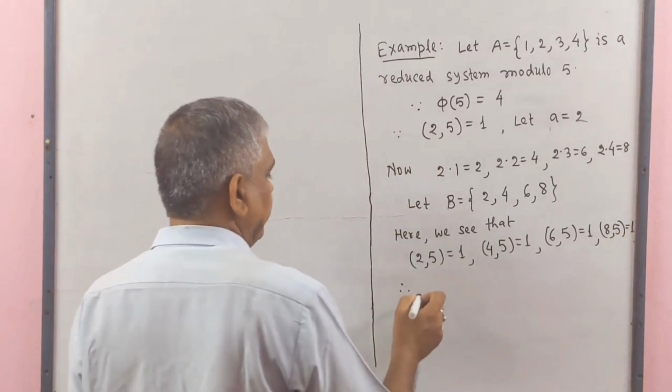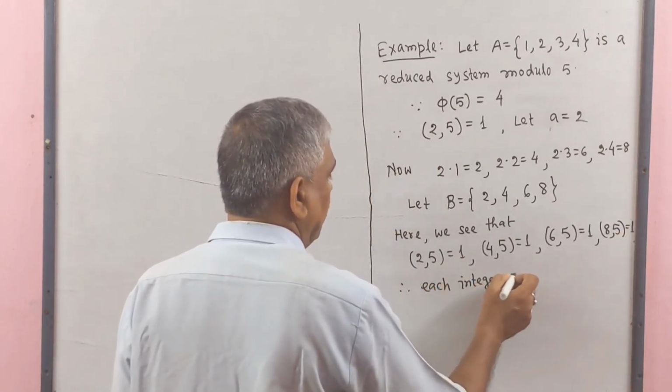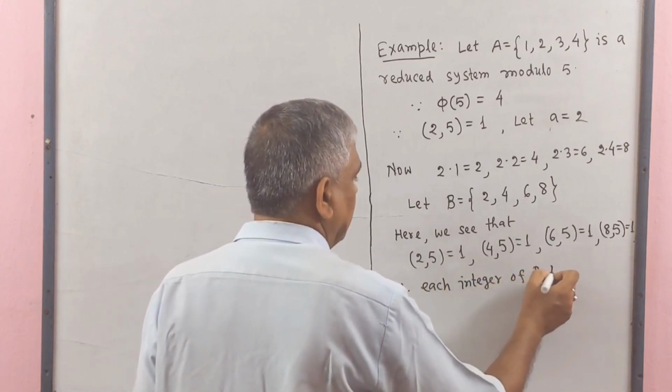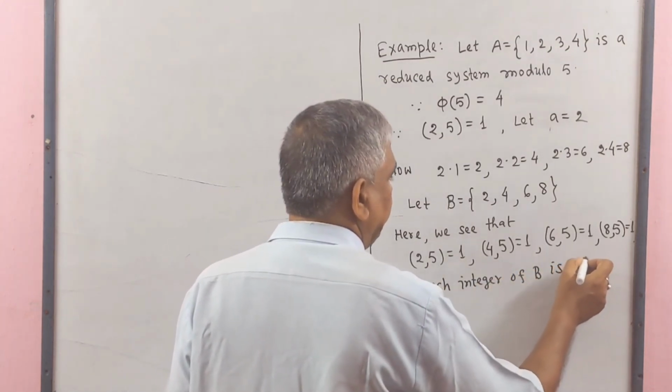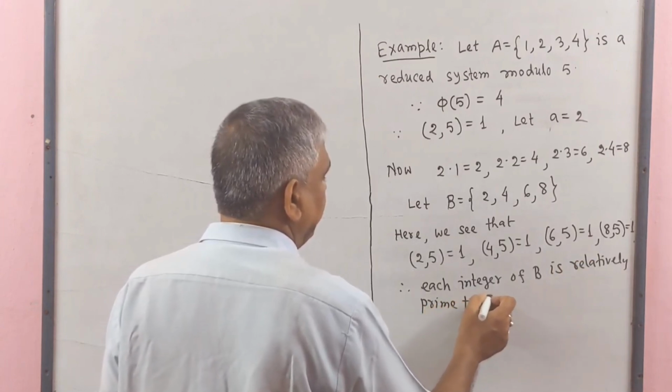Therefore, each integer of B is relatively prime to 5.